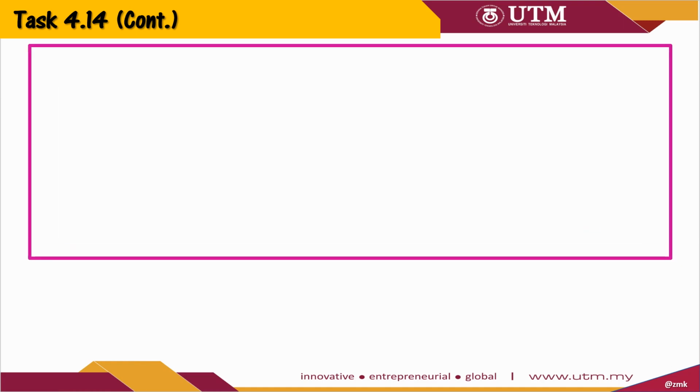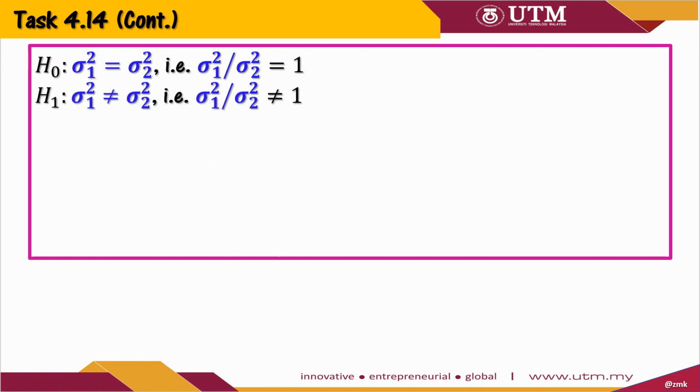Therefore, the null hypothesis H0 is sigma 1 squared is equal to sigma 2 squared, or the ratio of two population variances is 1, whereas the alternative hypothesis H1 is sigma 1 squared is different from sigma 2 squared, that is, the ratio of the two population variances is different from 1.